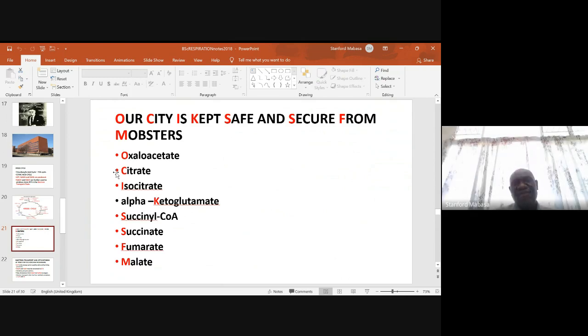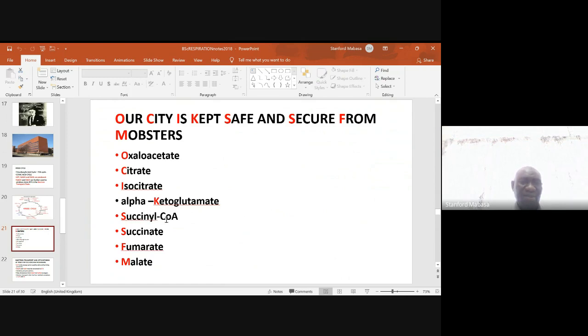Well, if you want to remember all the products in the citric acid cycle, you may use this key. I've colored the first capital letter. Our city is kept safe and secure from mobsters. O representing oxaloacetate, C citrate, I isocitrate, K alpha ketoglutarate.